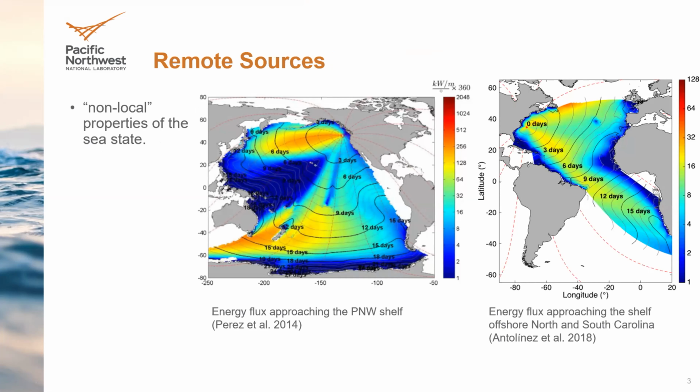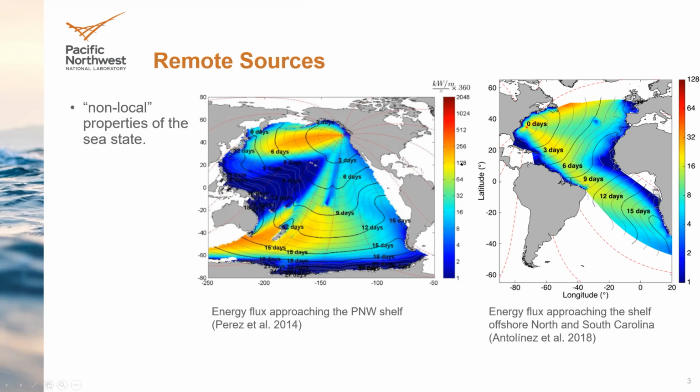When we talk about the wave climate, it's very different in the East Coast and the West Coast. And the reasons for that are just how different the ocean is and the sources of waves that can get to a single point.